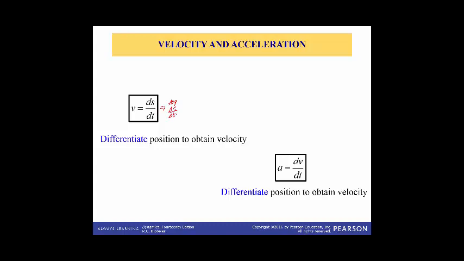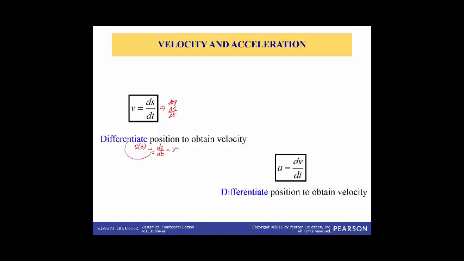So if you have the position expression, like a formula, as a function of time, then ds over dt would be the velocity. So if you differentiate the position, you obtain velocity, okay?